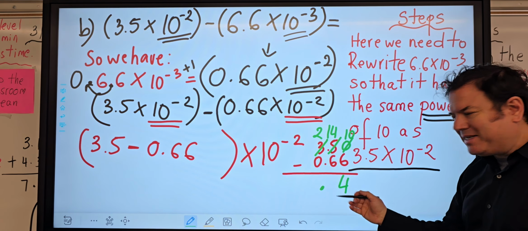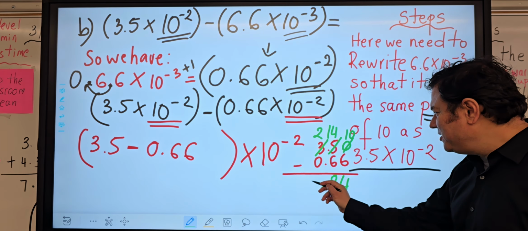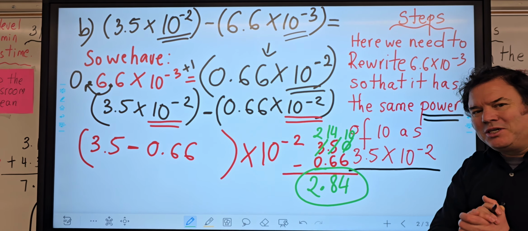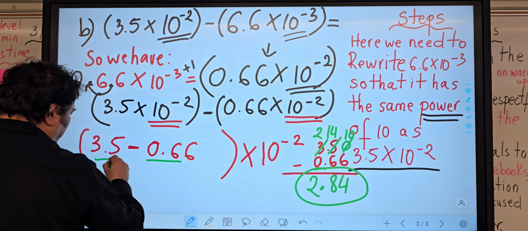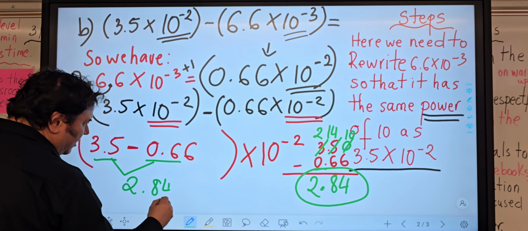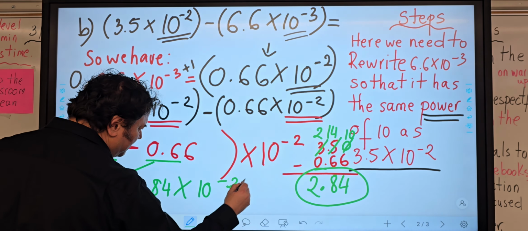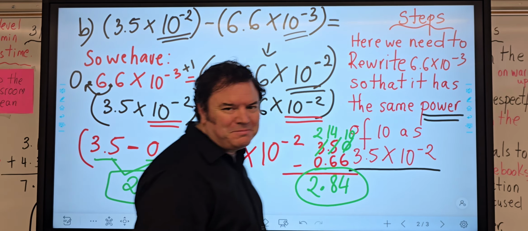Now, 14 minus 6 becomes 8. And 2 minus 0 becomes 2. And that becomes 2.84. So, after we subtract those two numbers, we get 2.84 times 10 to the negative 2. And this is our final answer.